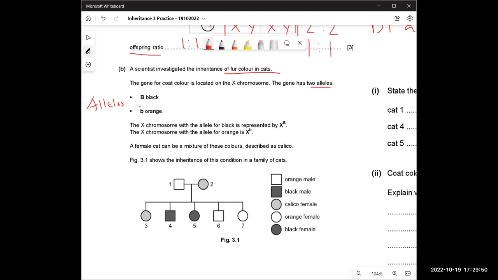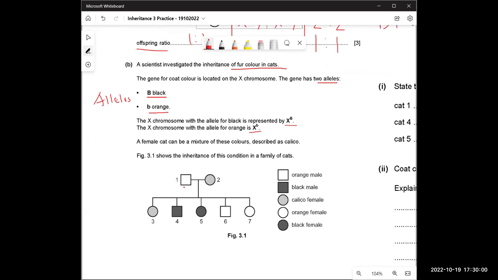There are 2 alleles: capital B is black, small b is orange. And it is represented like this. They also show us a diagram. This is called a pedigree diagram. It is used to show the ancestry of cats or of organisms.